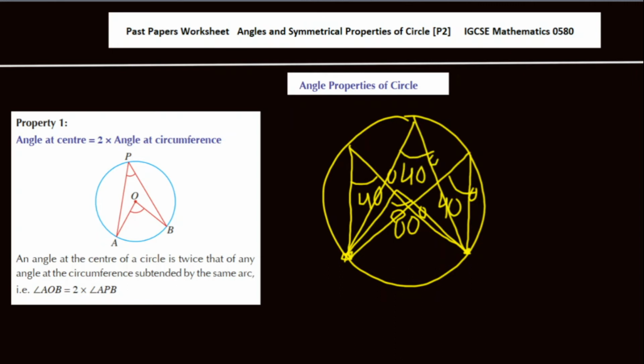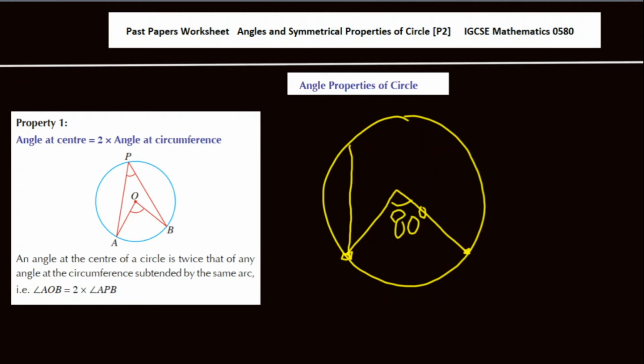Okay, so another way this is asked in past papers is that instead of asking for this angle, the question actually asks for the angle over here. This is what needs to be found. So what you do now is you find this upper angle. So what would be this purple angle?